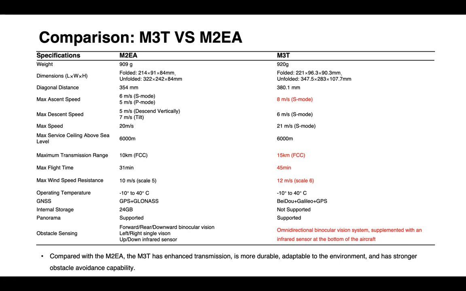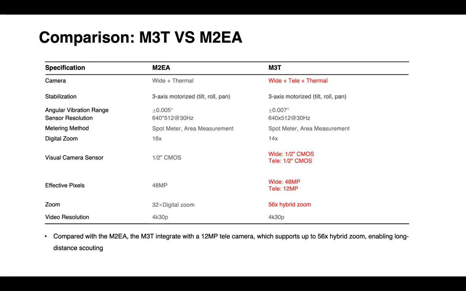So overall, with the Mavic 3T, you have a Mavic with a reinforced body for enterprise work. You have a longer flight time. And then getting into the camera side as well, you have that improved telecamera. So zooming is significantly improved with the M3T when working with those side by side.